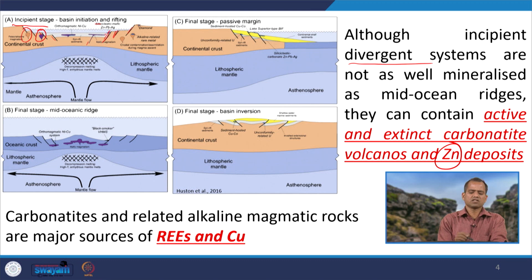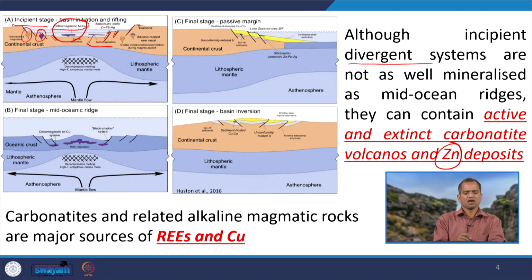Due to this stretching and faulting there may be some hydrothermal fluid, there may be magma directly derived from the lower crustal level. So, in this stage there will be either orthomagmatic deposits, that means directly deposited from the magma which is generated, or there may be hydrothermal deposits that develop due to stretching, temperature rise and some other processes.